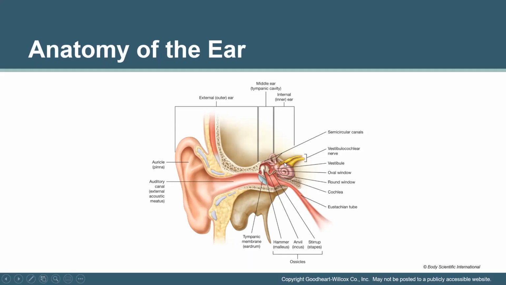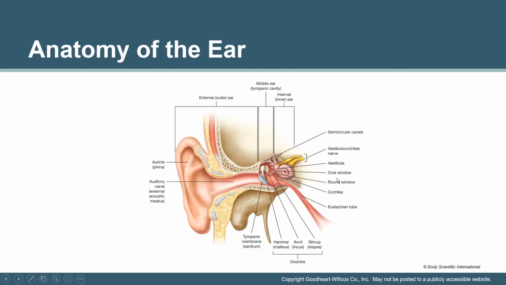Some parts of your inner ear will include the cochlea, the round window, the oval window. The oval window is what will link onto the ossicles, transferring the vibration of that sound into specialized cells within that inner ear.